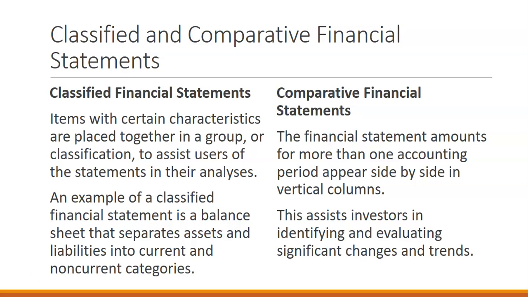A balance sheet that separates assets and liabilities into current and non-current categories is an example of a classified financial statement. A comparative financial statement is a financial statement that shows us more than one accounting period side by side in vertical columns.